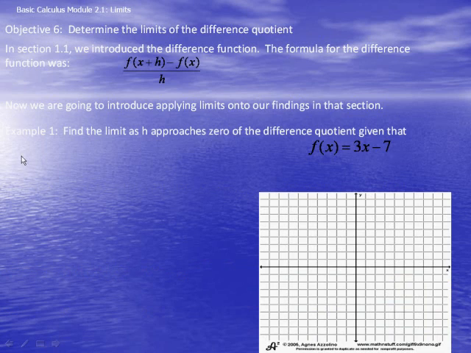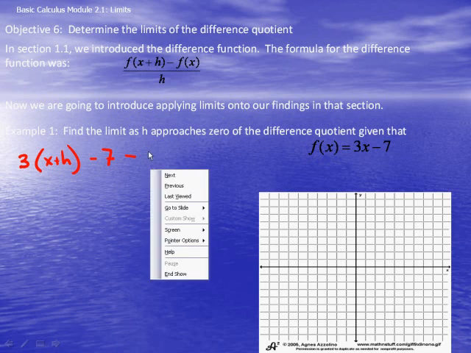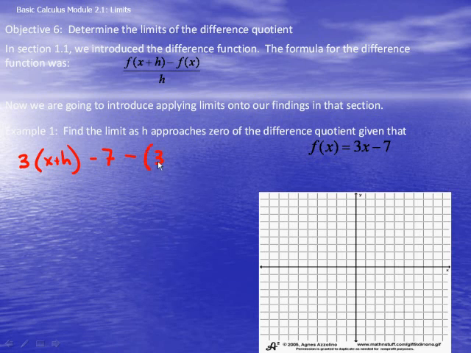So we're going to have 3 times x plus h minus the 7 minus f of x, which is minus 3x minus 7, all over h, which is going to give us 3x plus 3h using distributive property minus the 7, distribute the negative, which will give me minus 3x plus 7 all over h. Notice that the 3x's will cancel, and so will the 7's.